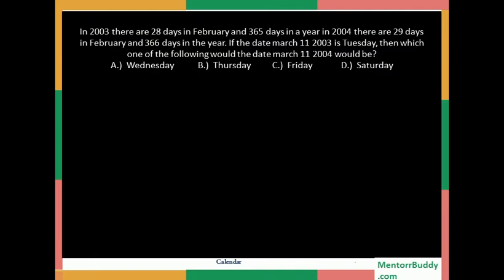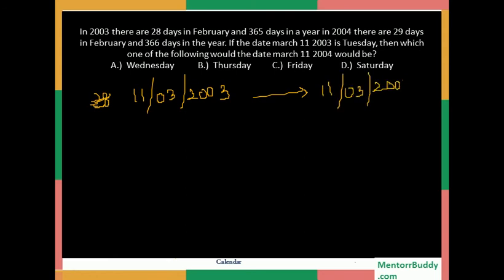Here I can see the given date, 11th of March 2003, and the next date, 11th of March 2004. If it is Tuesday at this date, what will be the day at the other date?